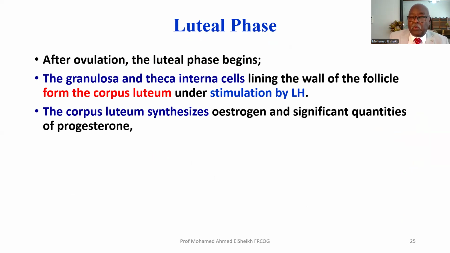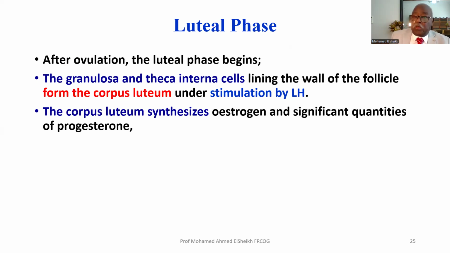What happens in the luteal phase of the ovary? The luteal phase begins after ovulation. The granulosa and theca interna cells lining the wall of the follicle form the corpus luteum, and there is stimulation by LH. So immediately after the ovum is released, the remaining part of it will form the corpus luteum.